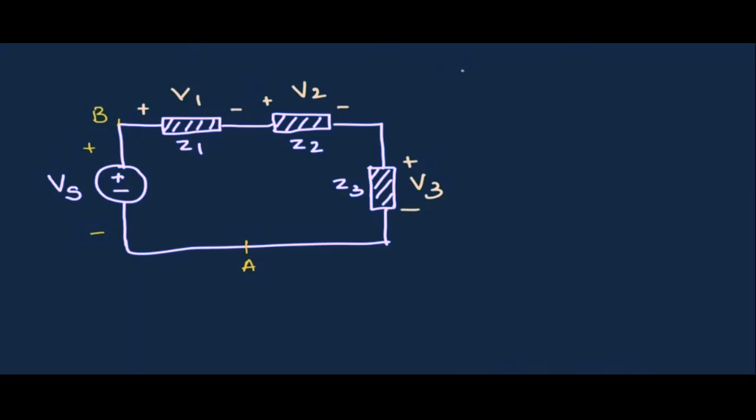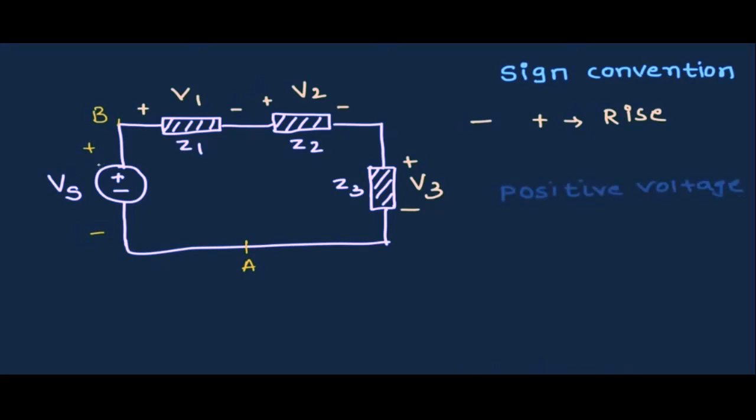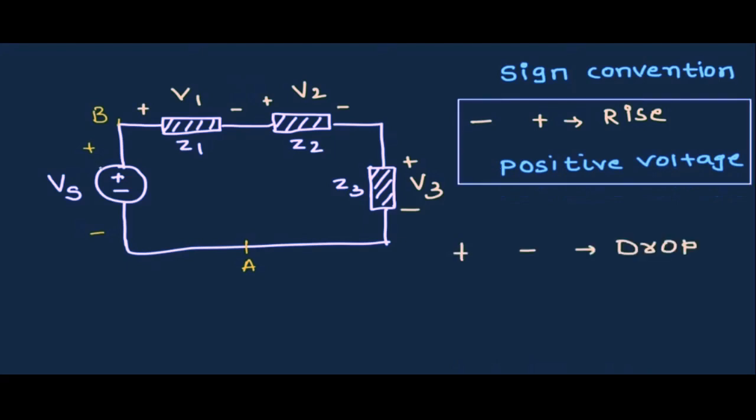Here we will follow the following sign convention: whenever we are moving from the negative to the positive terminal across any element, or there is a rise in the potential, then we will take that voltage as a positive voltage. Likewise, if we are moving from positive to the negative terminal across any element, then we can take that voltage as a negative voltage.